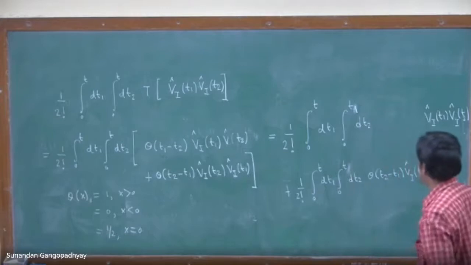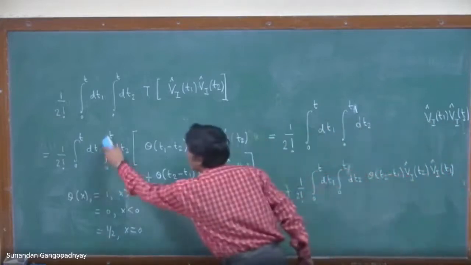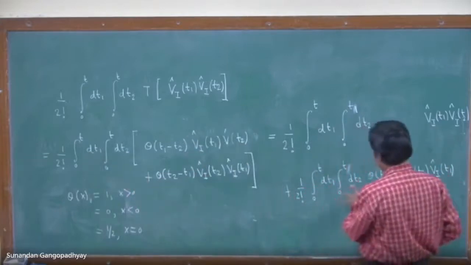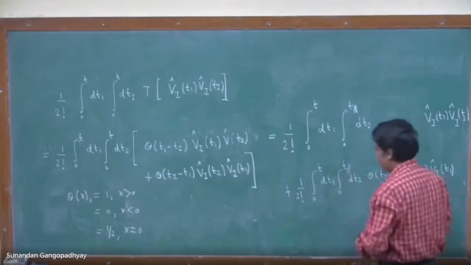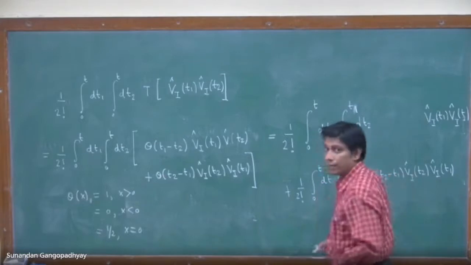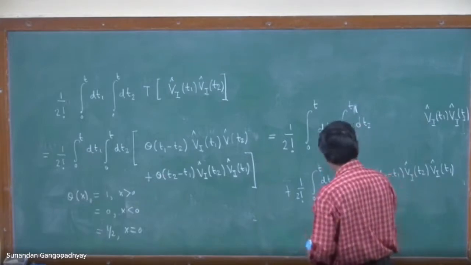So it's a mistake. All the integrals are from 0 to t. Since both the integrals are from 0 to t, you can change the order of integration. That you can always do. So it was dt1, dt2. Now you write it as dt2, dt1.